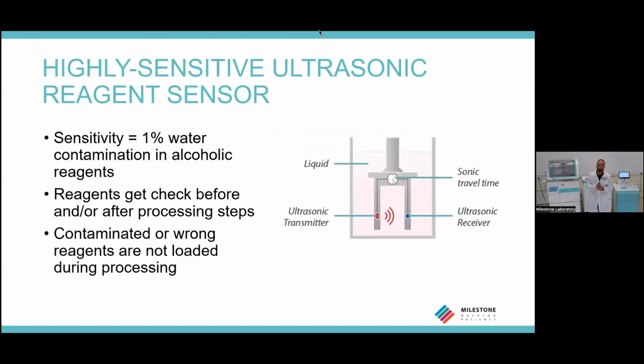If the purity doesn't reach the desired level, the reagent is not loaded. The alcoholic sensor can also discriminate between reagents and inform the operator if the reagent that is going to be loaded is correct for the desired phase or not. This is not the only sensor in our processor.